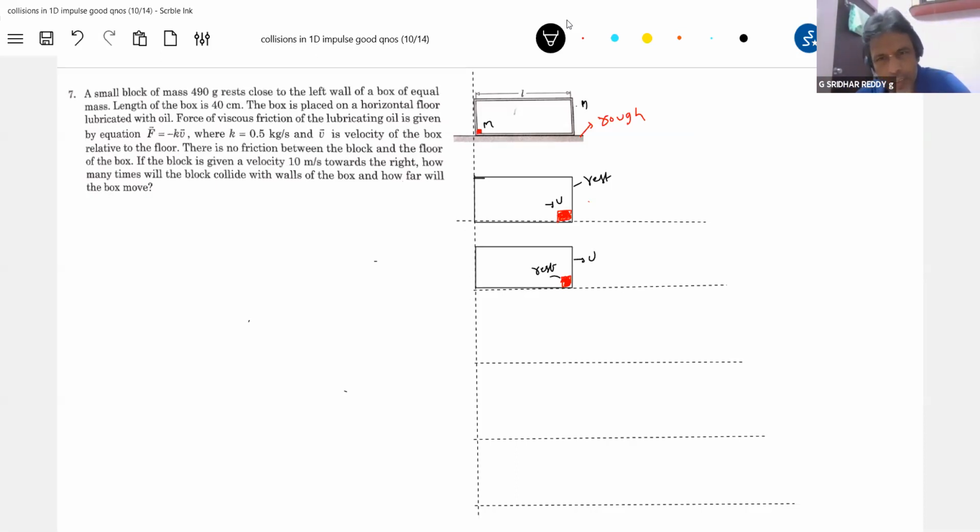And next, what will happen? The box will move on, so it will reach here. So now, just before collision, what is the state of the box? The box will have velocity u and the block will be at rest. Now collision occurs. Now tell me, after collision, will it have the same velocity u?